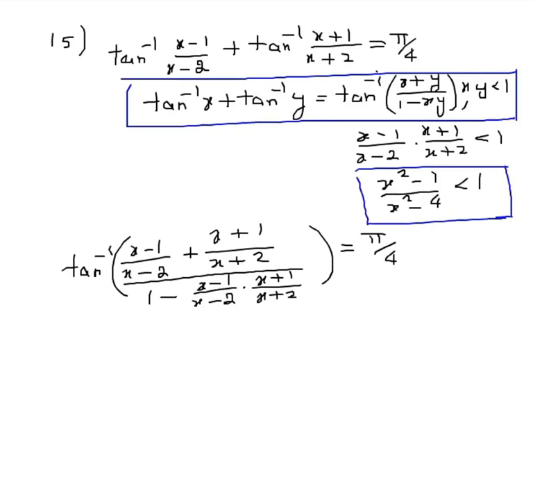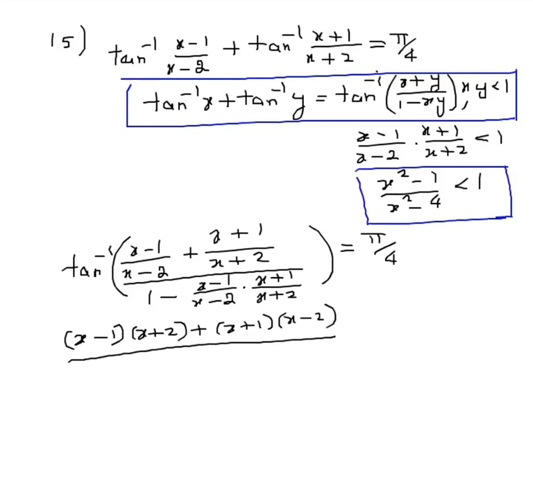Let us take tan on both sides. Tan and tan inverse will get cancelled, and I am taking LCM. X plus 1 into x minus 2 divided by x minus 2 into x plus 2 minus x minus 1 into x plus 1. I have cancelled the LCMs. The LCM will be x minus 2 into x plus 2. They get cancelled.